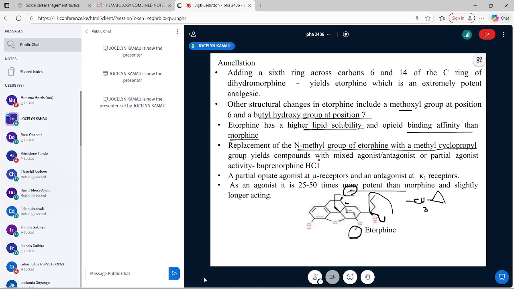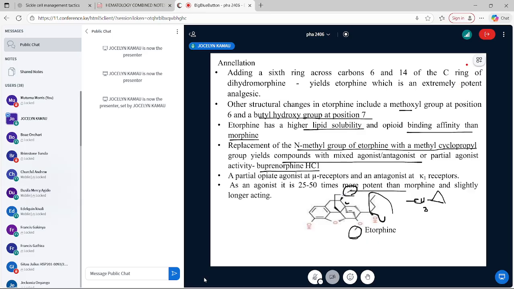So the minute we again replace the N-methyl group of etorphine with a methyl cyclopropyl group, we get compounds with mixed agonist-antagonist or partial agonist activity, and that is how we get buprenorphine. Buprenorphine is when this group here is changed from a methyl in etorphine to a cyclopropyl group, and then also this group changes a little bit. It is made a tert-butyl for an increase in lipid solubility.